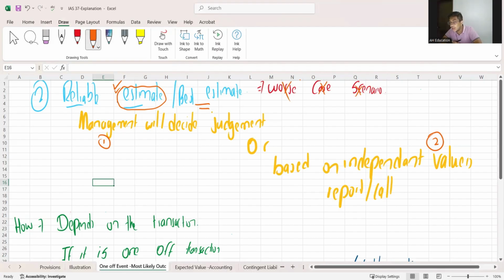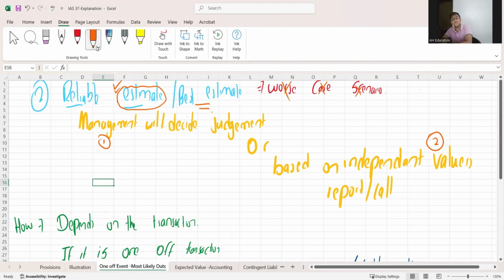Now they are wrong. Why? Because in future we need to incorporate both favorable condition as well as unfavorable condition. Right? Who knows, in the future you all might have some favorable or positive impact in the estimate that you are preparing.